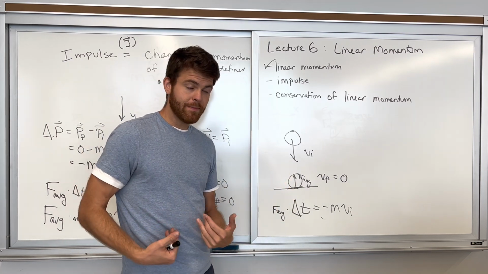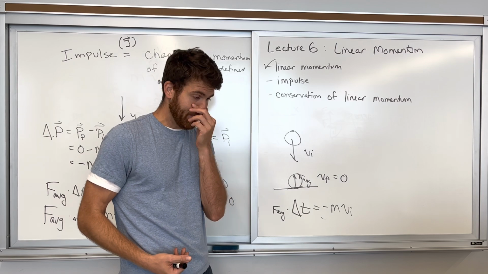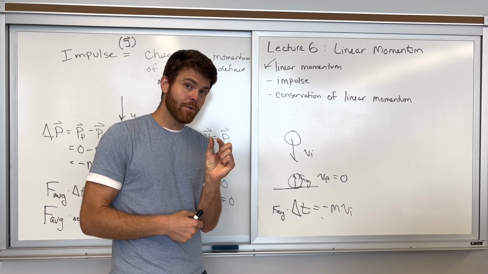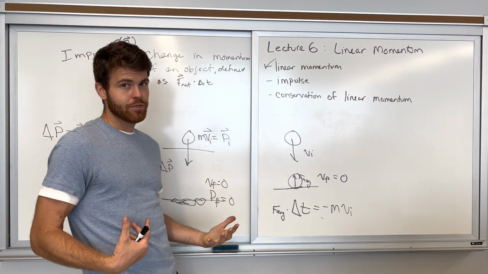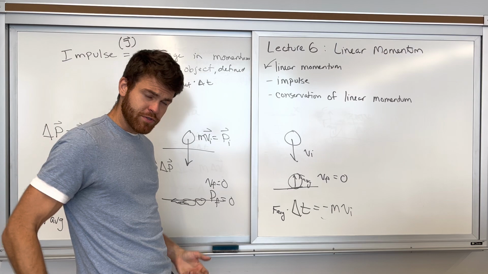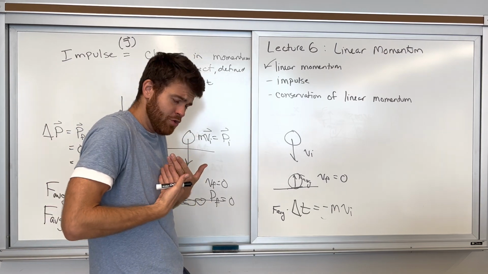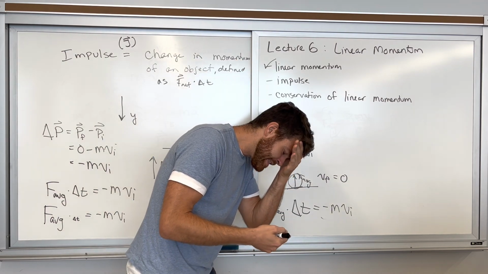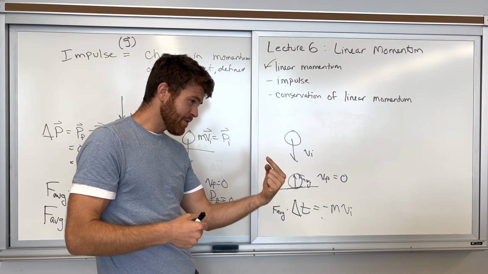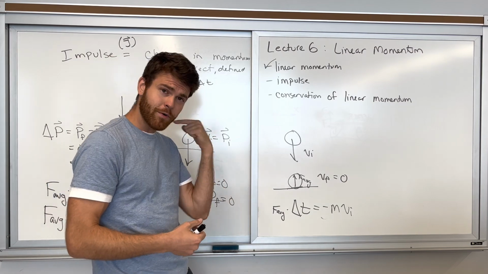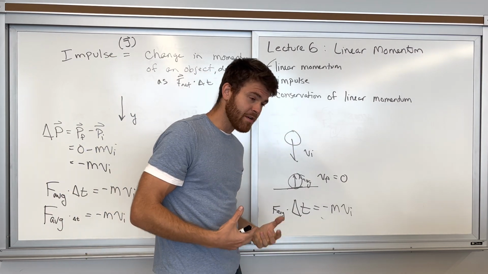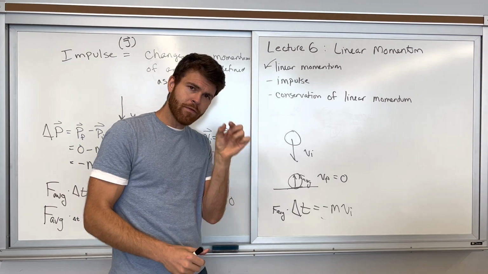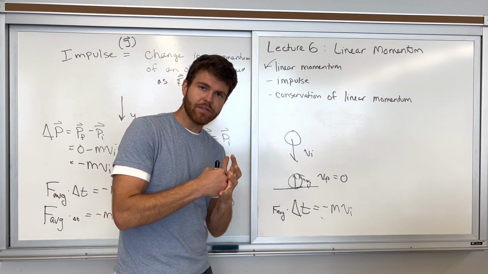A force multiplied by a time. And if you come to a stop very abruptly, then that time interval, over which that force is applied, is small, so the force has to be large. So you get this very large force on your seatbelt, right? It exerts a huge force on your chest. Your head goes flying forward. Your head hits the steering wheel, and so the steering wheel exerts a really large force on your head to bring it to rest. So your body is subjected to these large forces applied over a short period of time to bring it to rest.